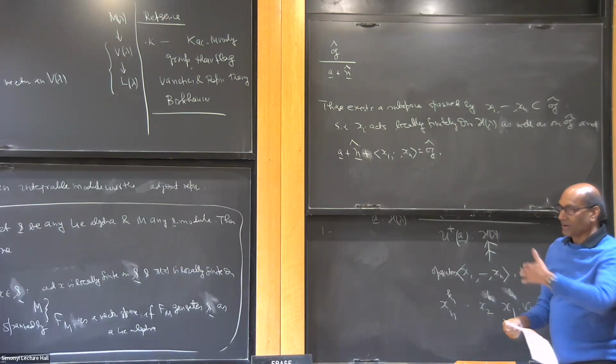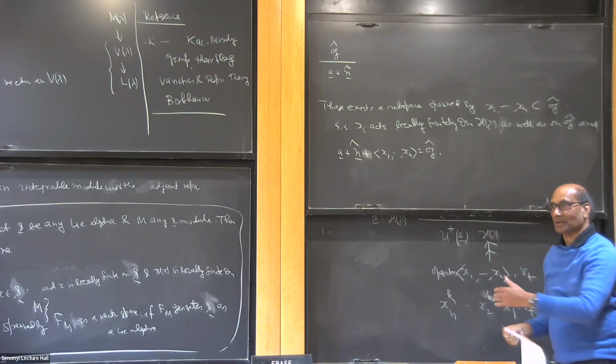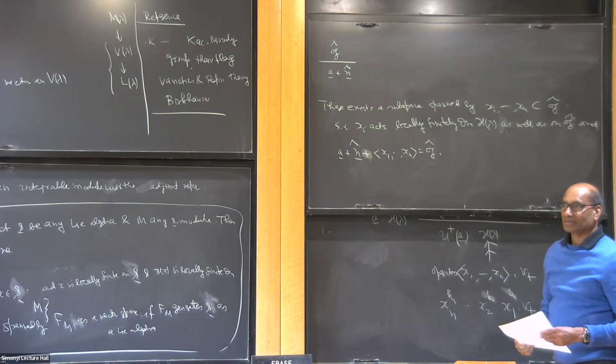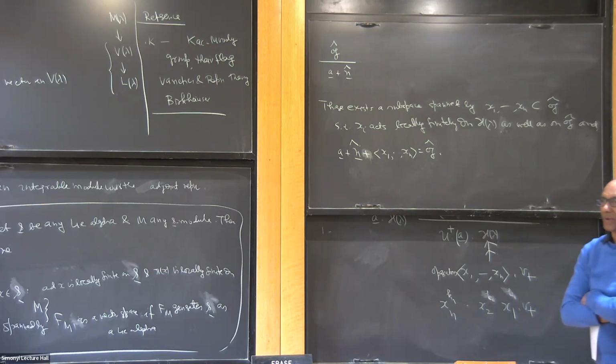And what remains is only the A action, U(A). So I hope I am saying it correctly. I did not look at the proof before coming here, so I'm struggling a little bit, but I think that's the idea. So that's that.